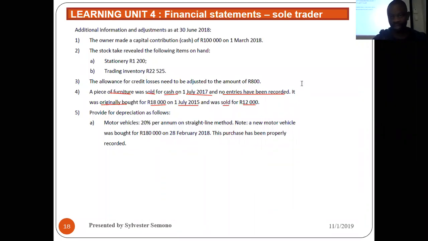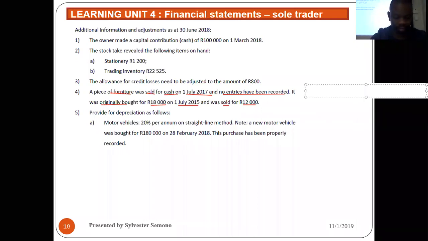I'm going to put the steps here. Step 1. Remember, we must remove the cost. I'm talking about the asset that I'm selling. We must remove the cost. That's the first thing that we need to do.